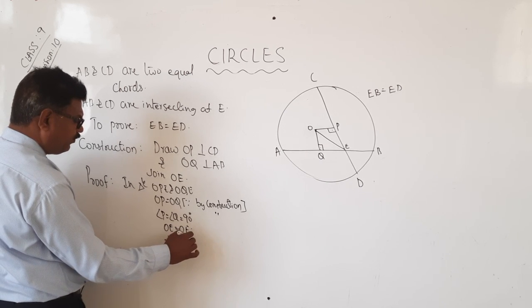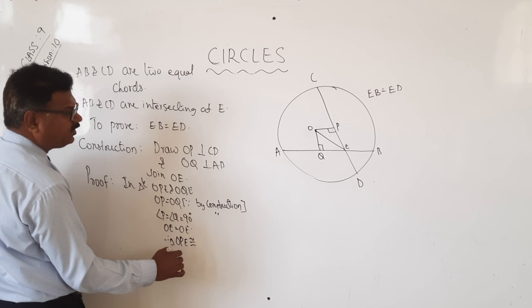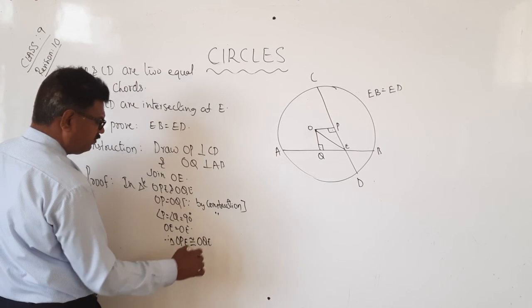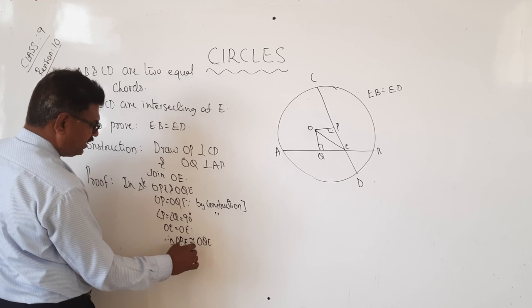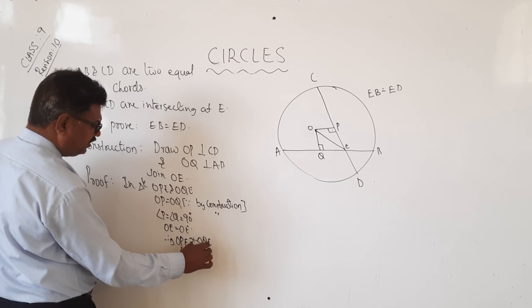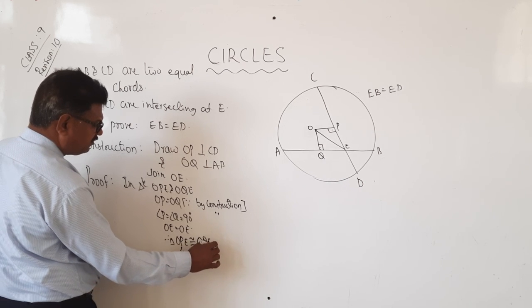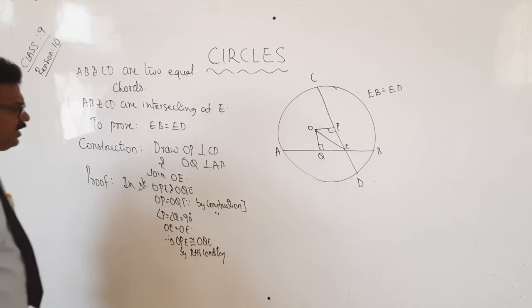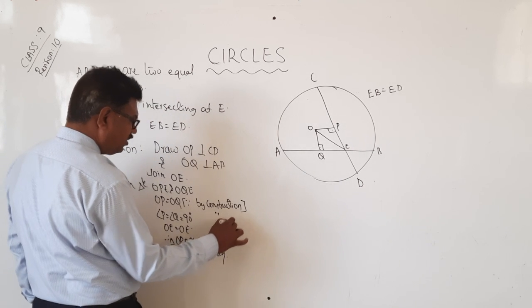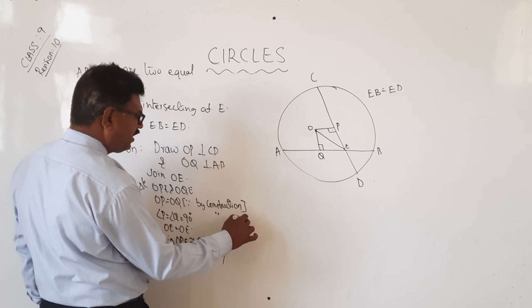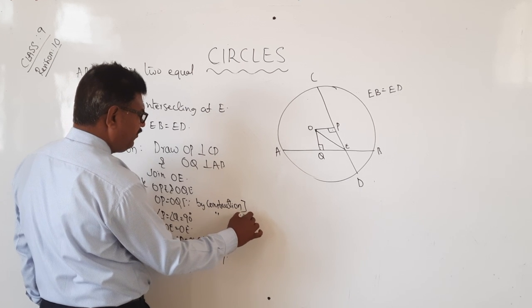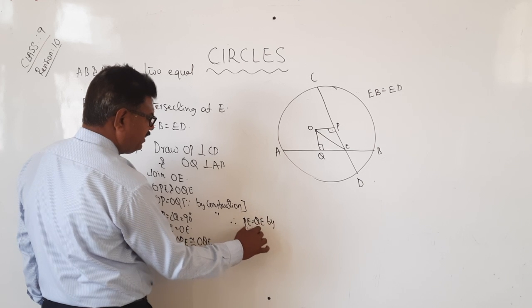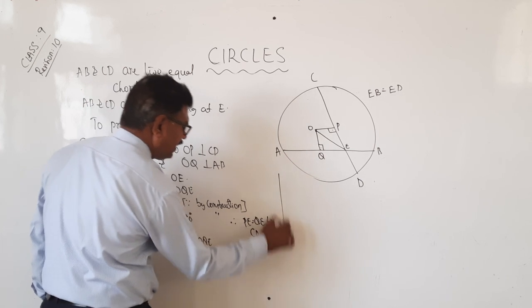Therefore, triangle OPE is congruent to triangle OQE by which condition? RHS condition. By RHS condition. Therefore, what happened? PE will be equal to QE by CPCT. Okay na?